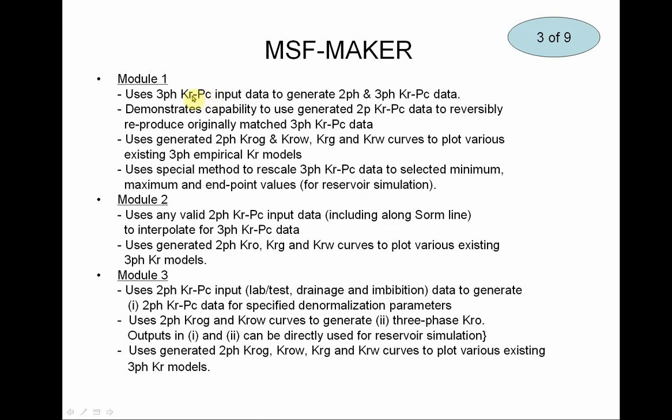You can have the complete 5 parameters: KRO, KRG, KRW, PC GO, PC OW. It will generate for you 2-phase and 3-phase relative perm and cap pressure data.